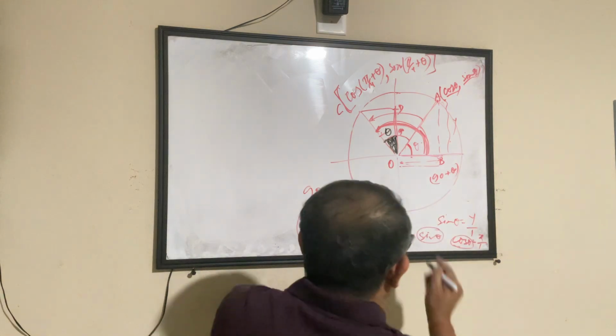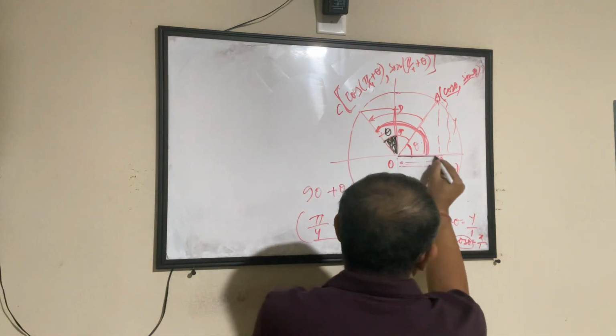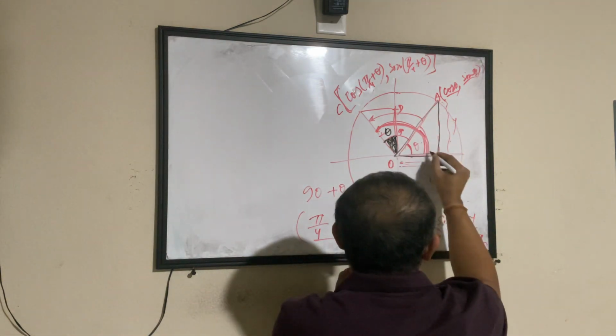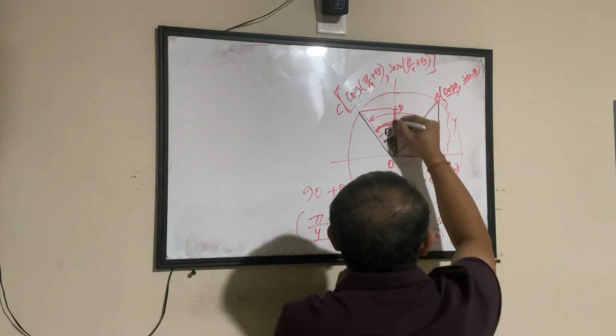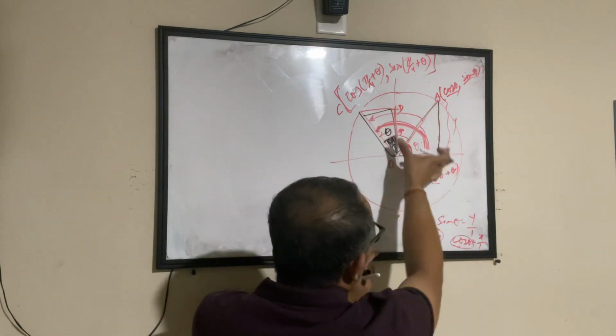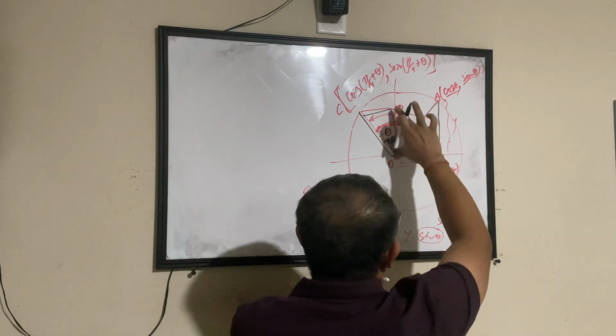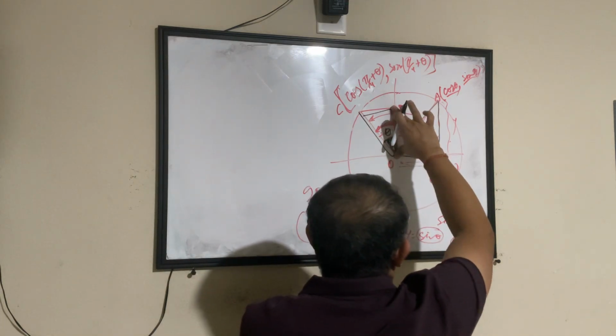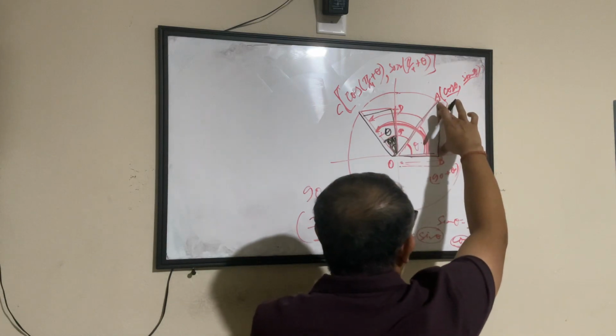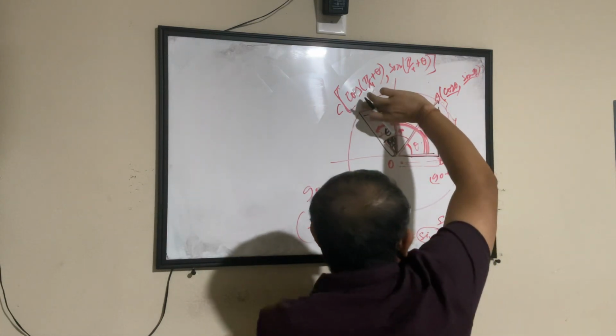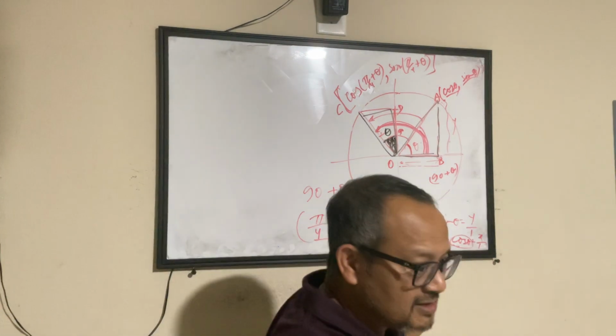Okay, so now when you visualize this triangle AOB and triangle COD, what has changed by rotating this? Whatever was my x-axis has become my y-axis, and whatever was my y-axis has become the x-axis. Is that making sense?